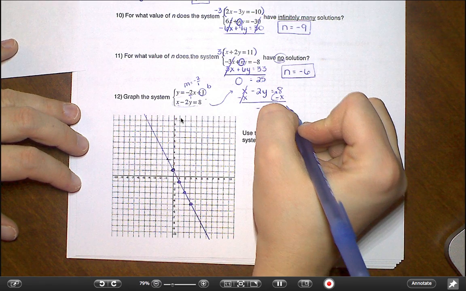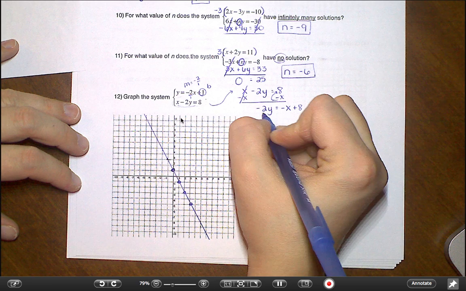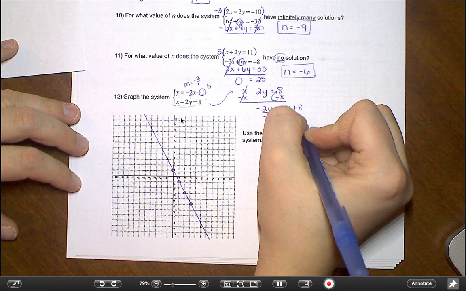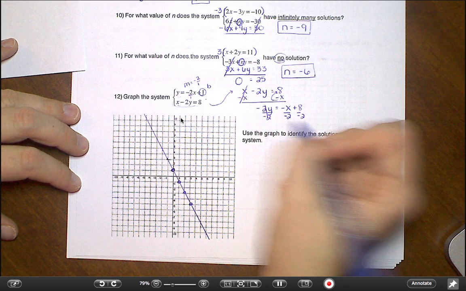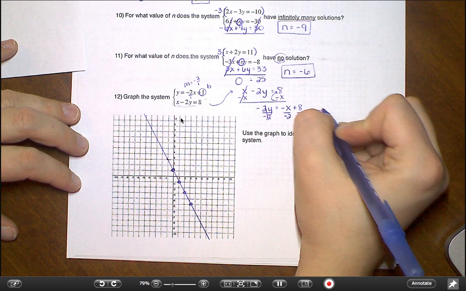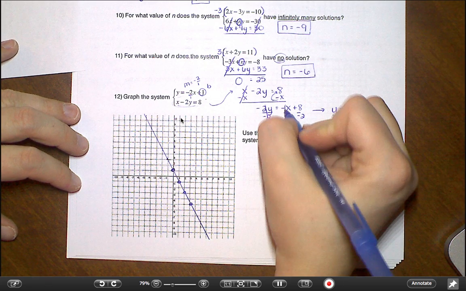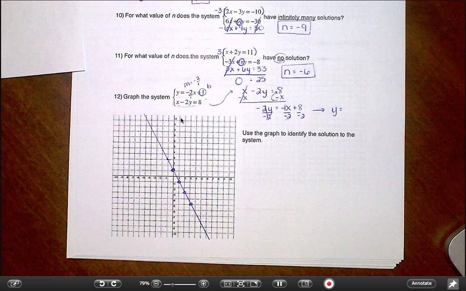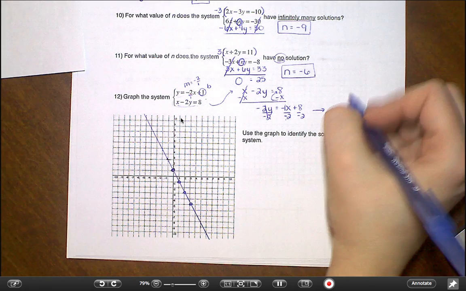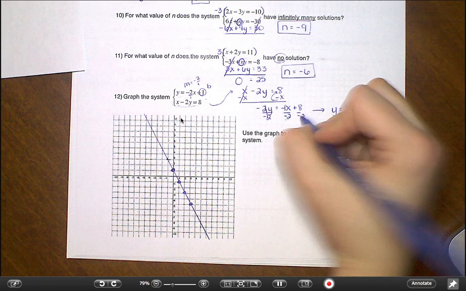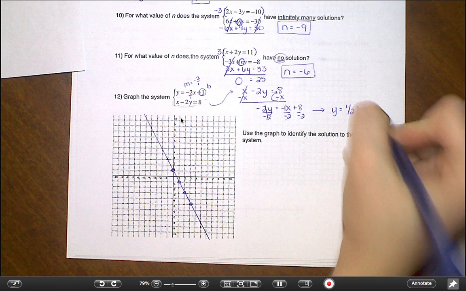So negative x plus 8. And then I'm going to divide everything by negative 2. So that's now going to say y equals negative 1 over negative 2. I would really just get rid of the negatives because two negatives make a positive, so I would leave that as 1/2 x, and then 8 over negative 2 is negative 4.